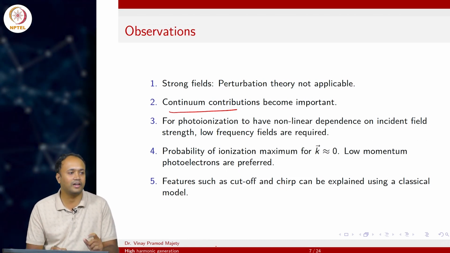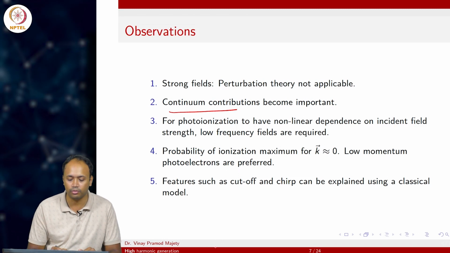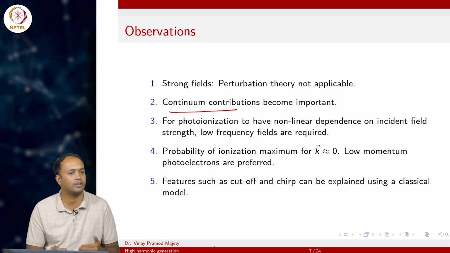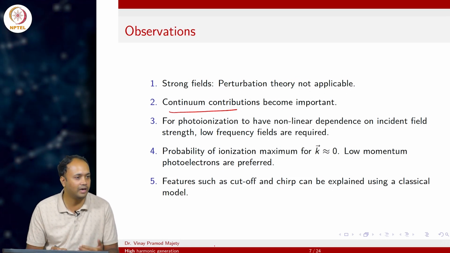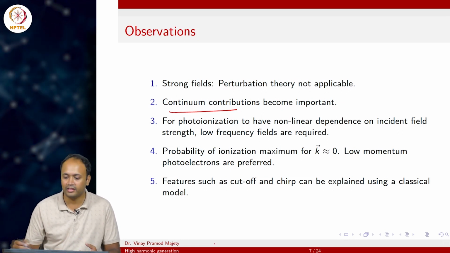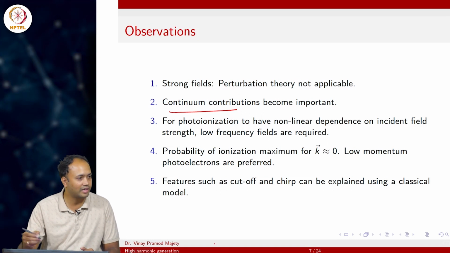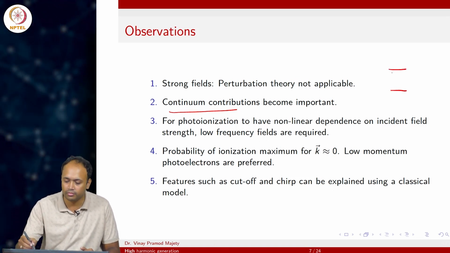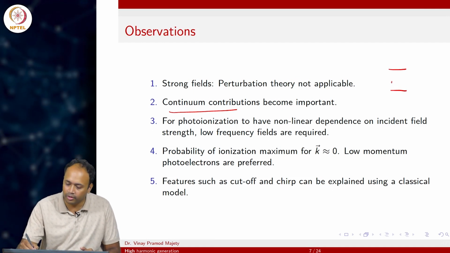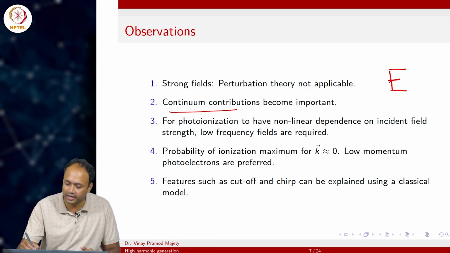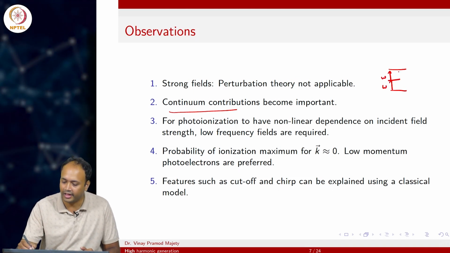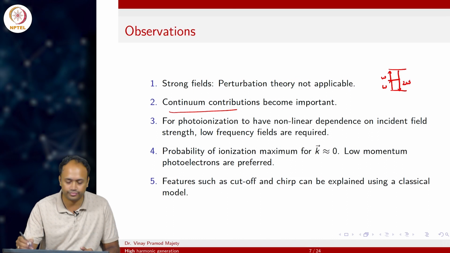Now if you want to generate high harmonics, what do you need to do? You need to do this photoionization process in such a way that you have a certain nonlinear behavior built into your process. In the last lecture we discussed that if I want second harmonic generation, I could have an excitation to two states through a certain in-between state. It absorbs two photons, omega and omega, and then gives back at 2 omega.